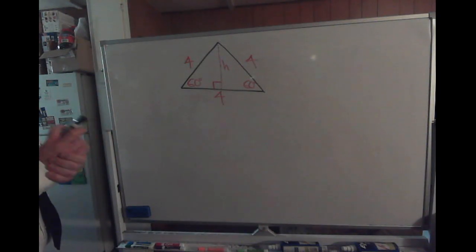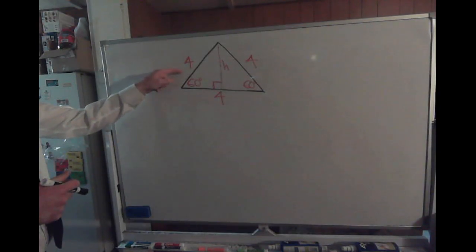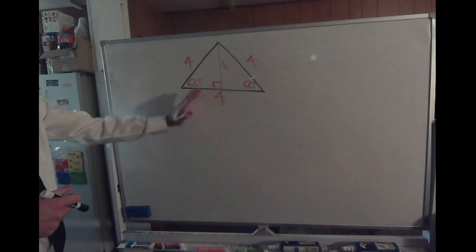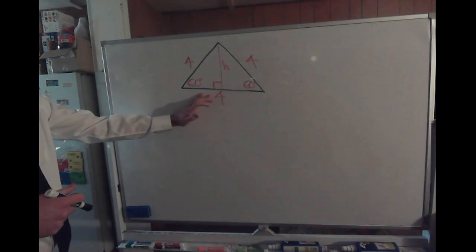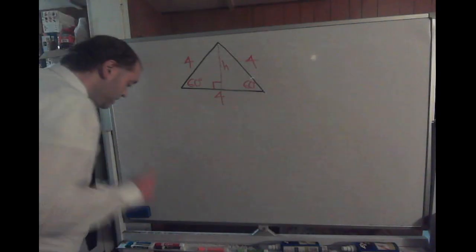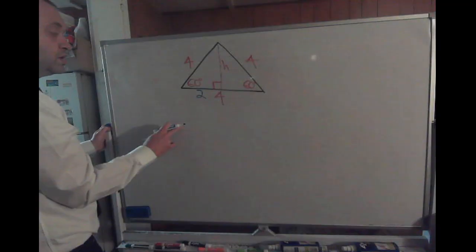So now we have the hypotenuse here of 4, right? This angle up here is clearly a 30-degree angle. The leg opposite the 30-degree angle is always half of the hypotenuse, so that would have to be 2. This leg would have to be 2.